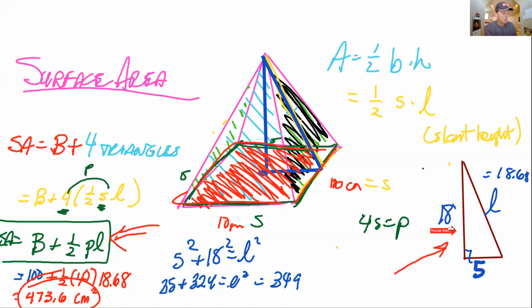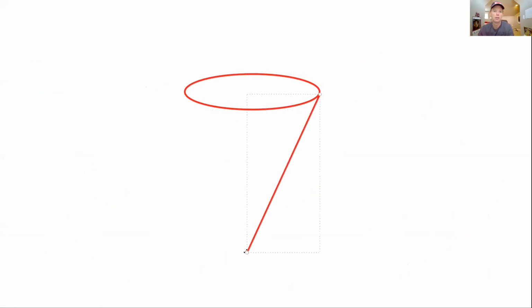All right, the last one is a little bit tricky because cones are kind of funky. So let's go through this again. Let's draw a cone here. And this time I'm going to be a little bit cuter about it.